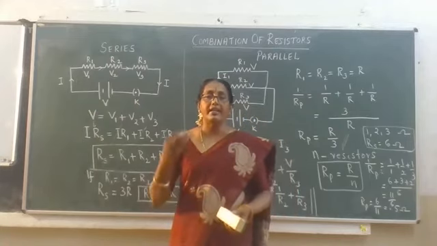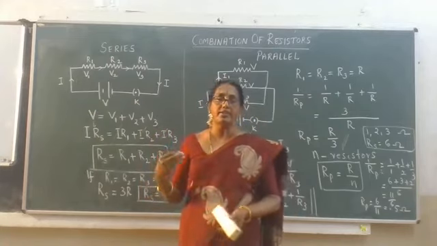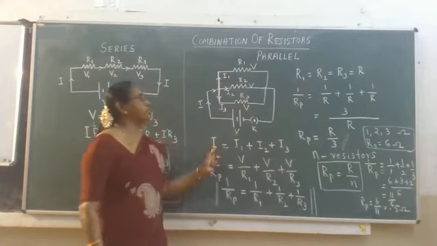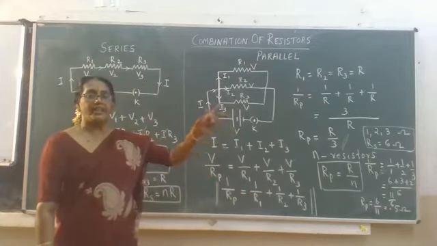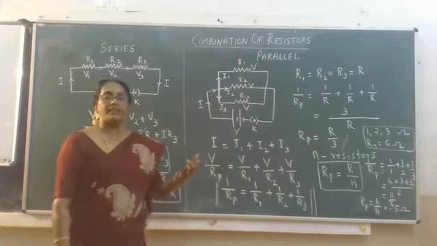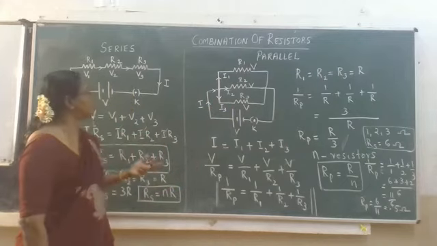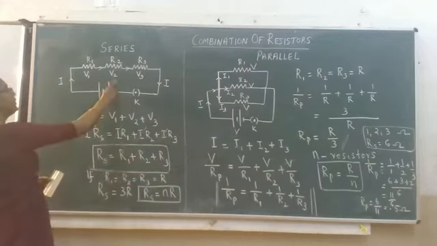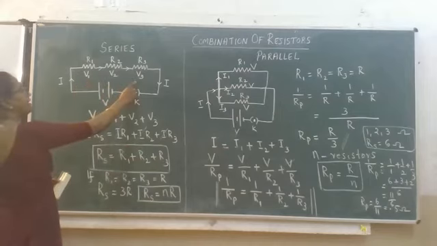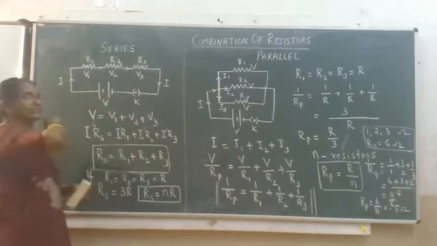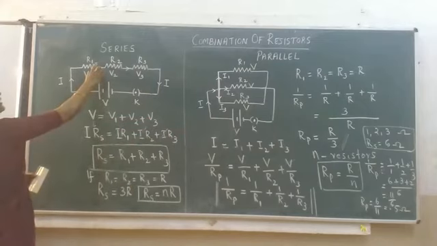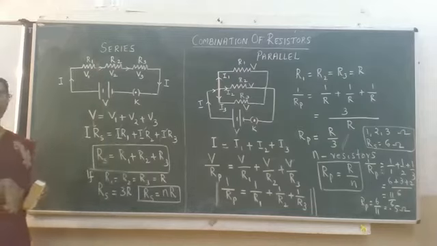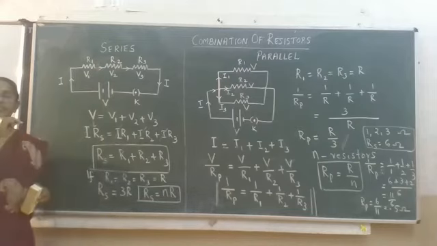Activity 4, realizing in what way this kind of series combination and parallel combination is practically useful in our day-to-day life. So here, as I told you, the potential difference is getting shared. There the potential difference remains the same. So here you see, if I disconnect this R1, whether the current will flow through the circuit?